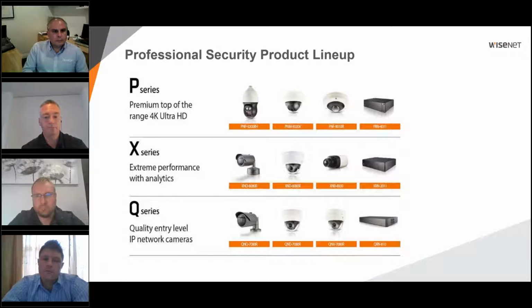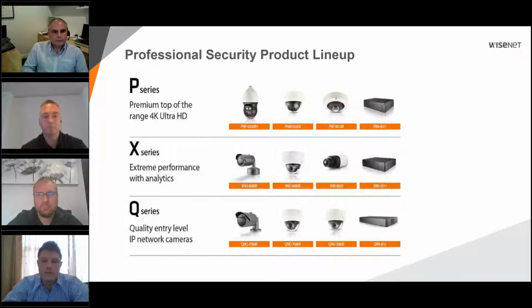So we're going to start off by just looking at some of the series we offer, those being Q, X, and P series cameras. The reason we chose to talk about these three series is because they have a great versatile range of analytics and also other features that they offer. If we look at the P series, for instance, that's a top of the range 4K Ultra HD camera.